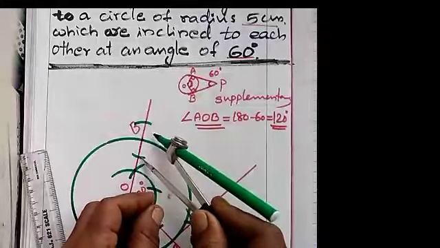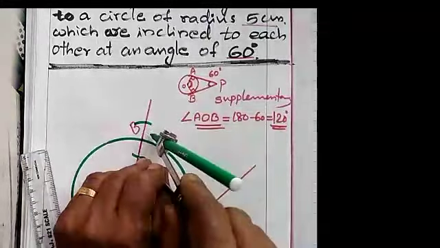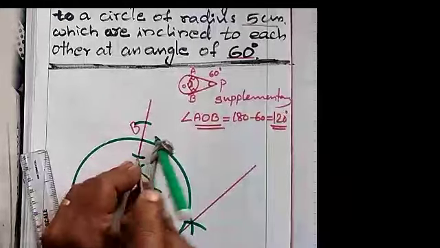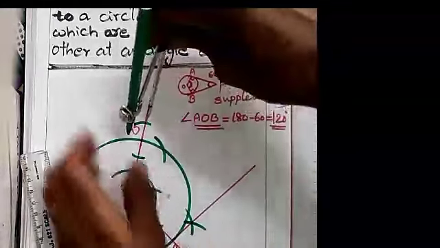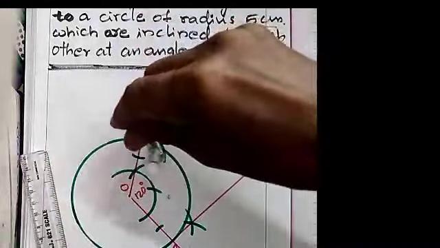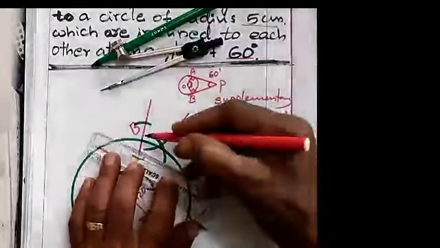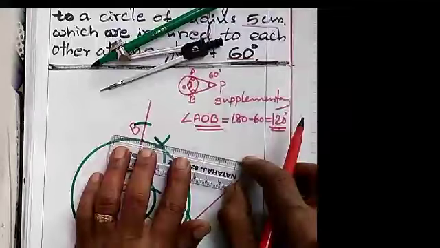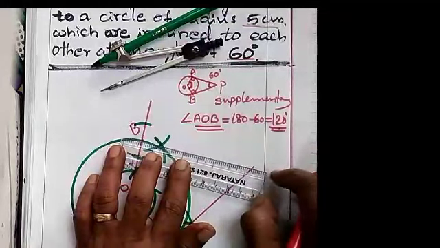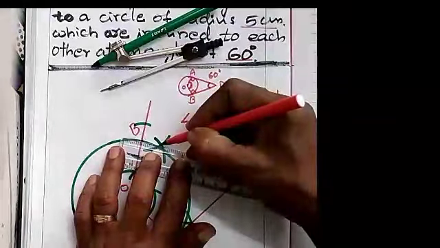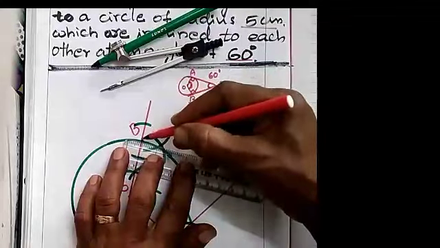Increase the radius, and from this new point draw one arc here, and from this point draw another one. Okay. Now join this point B and this intersecting point.